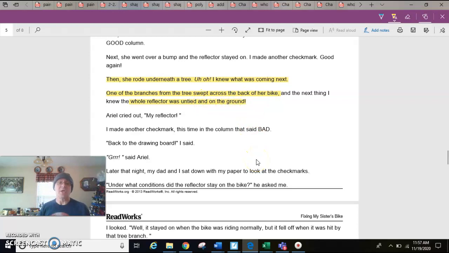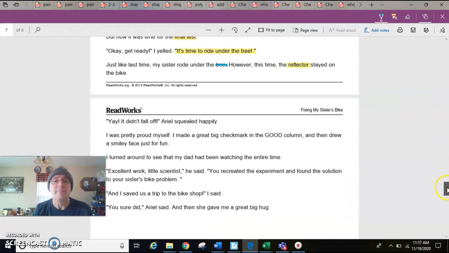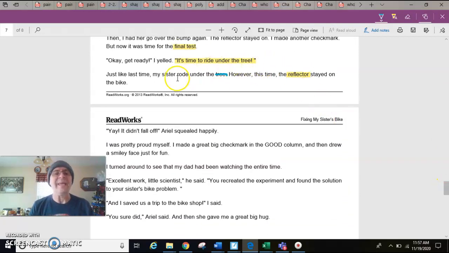Okay? So, the purpose of that last test was to see if the reflector would hold when the branch of the tree swept across the back of her bike. Now, if we scroll down, it doesn't say that the branch of the tree scraped across the back of her bike, right?